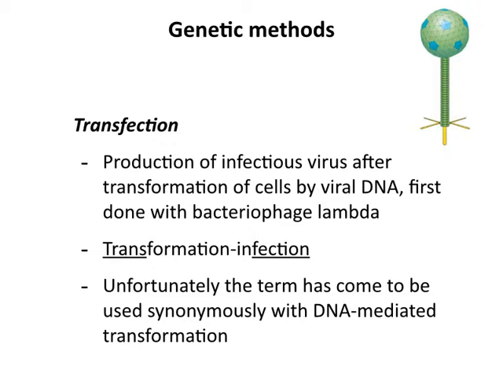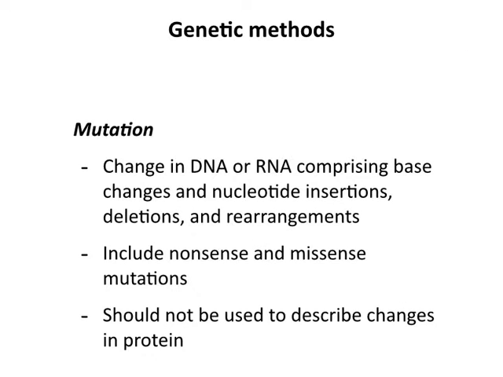Unfortunately, nowadays, people use transfection to mean the introduction of any kind of DNA into cells, because it's easier to say transfection than DNA-mediated transformation, right? So people say transfection. But what I mean when I say transfection is putting a viral DNA into cells with the purpose of starting a viral replication cycle. So I just want you to be clear on that. I will not use it the other way.